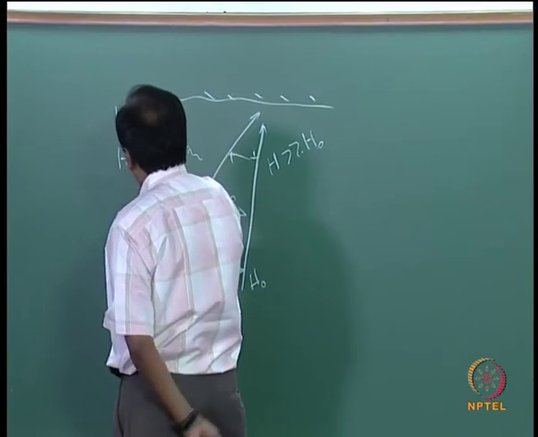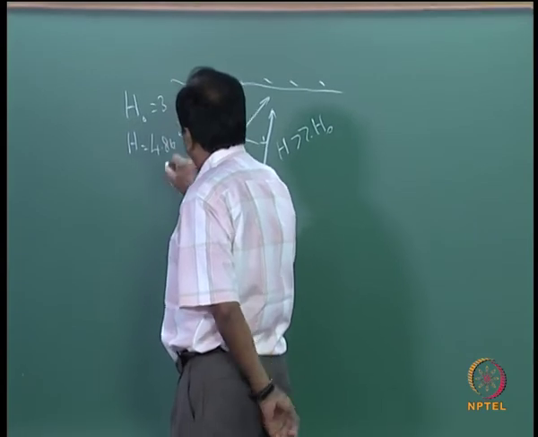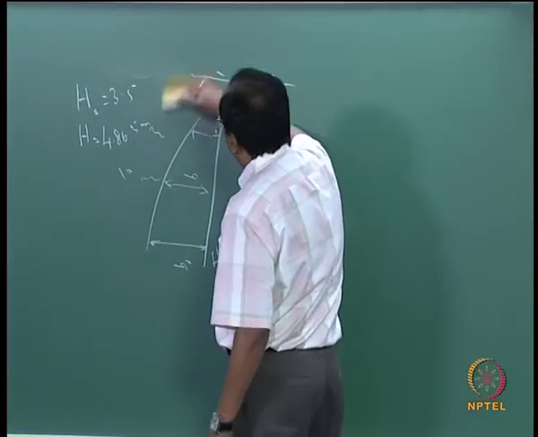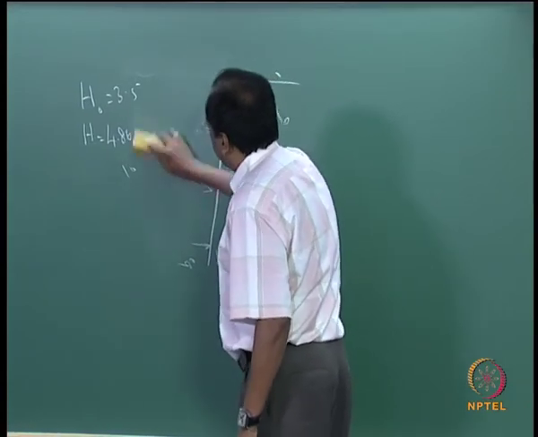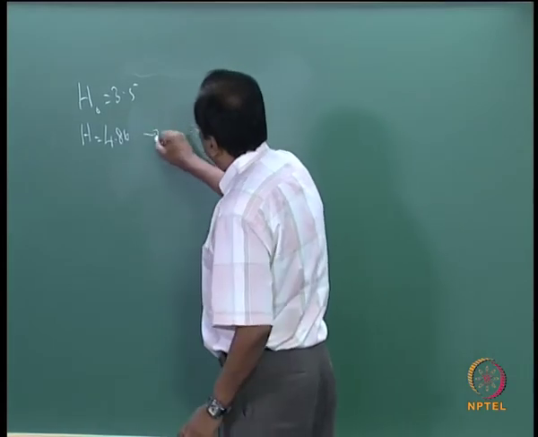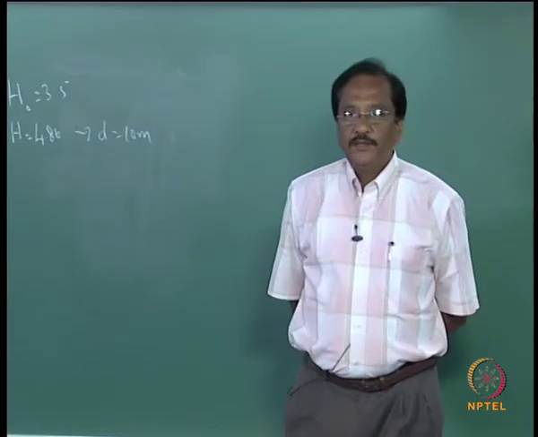Now H is equal to 4.86 meters in a water depth of 10 meters. Is that clear?